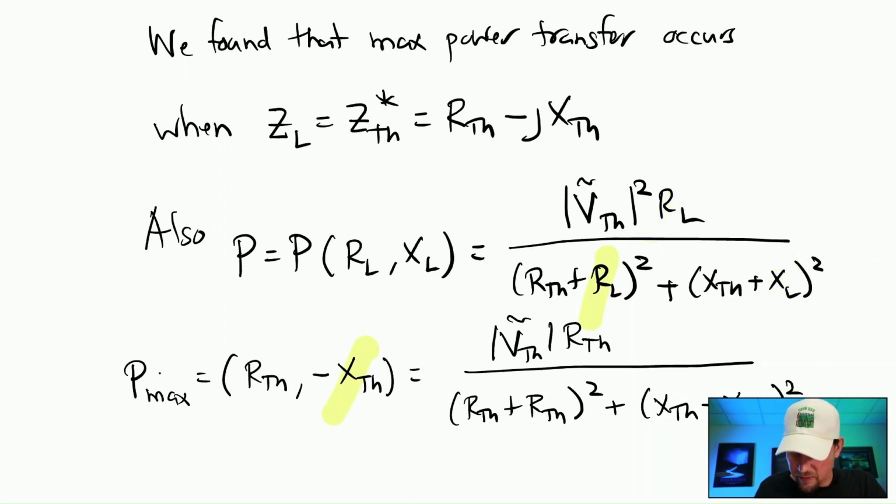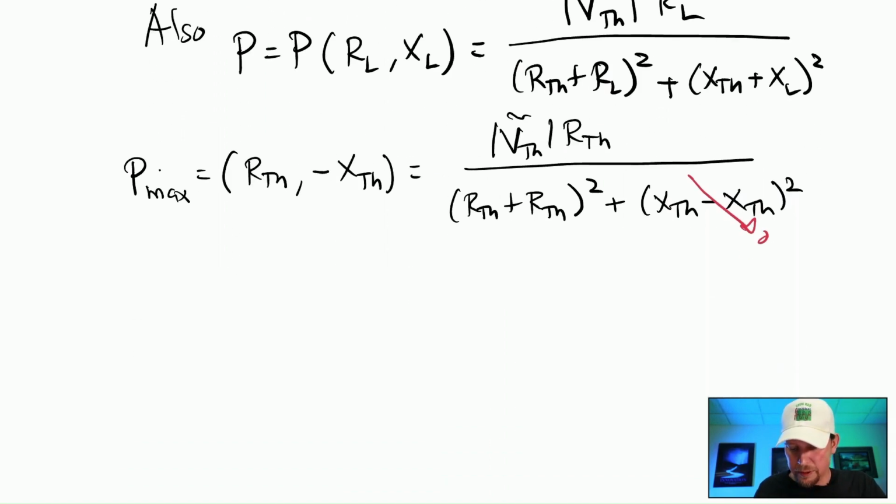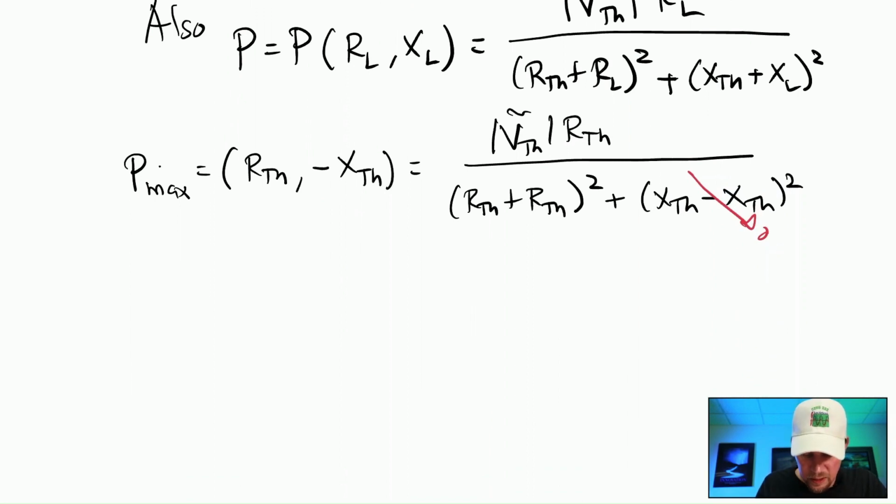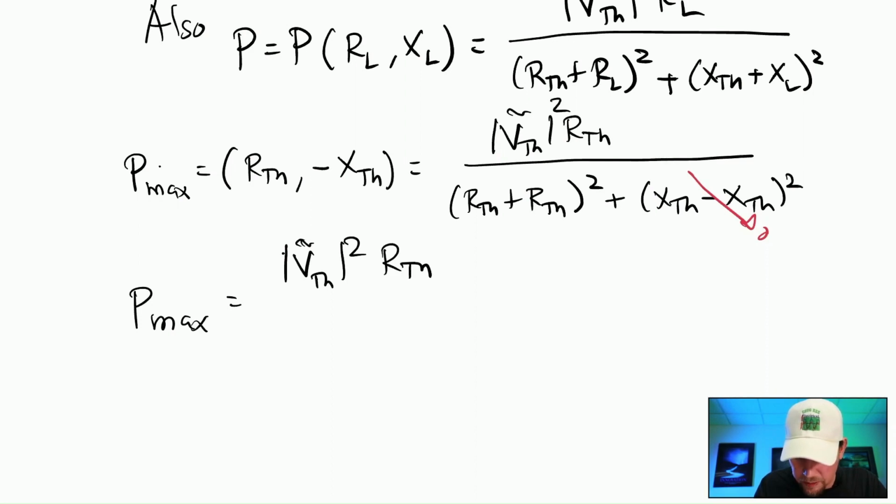And notice very beautifully, a lot of things actually simplify. In particular, notice that this second term in the denominator goes to 0 altogether, in which case we have that P max is equal to the magnitude of the Thevenin voltage squared, R Thevenin divided by 2 R Thevenin quantity squared. So I've combined these terms into 2.